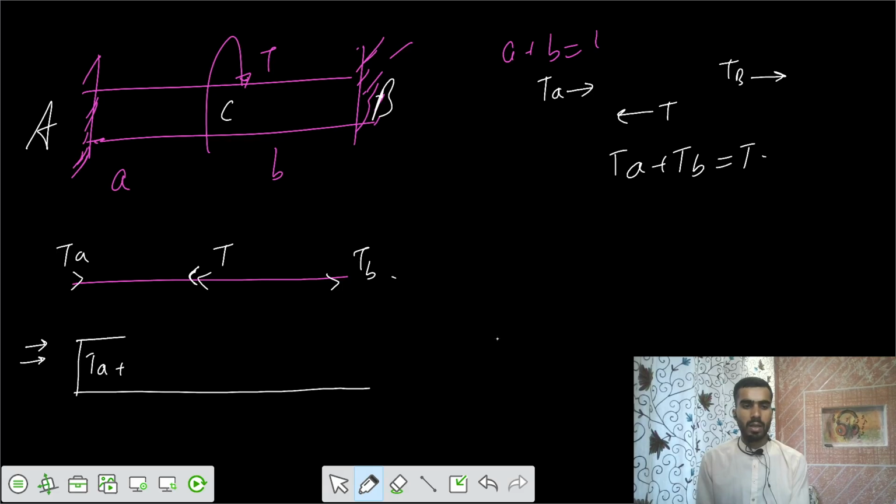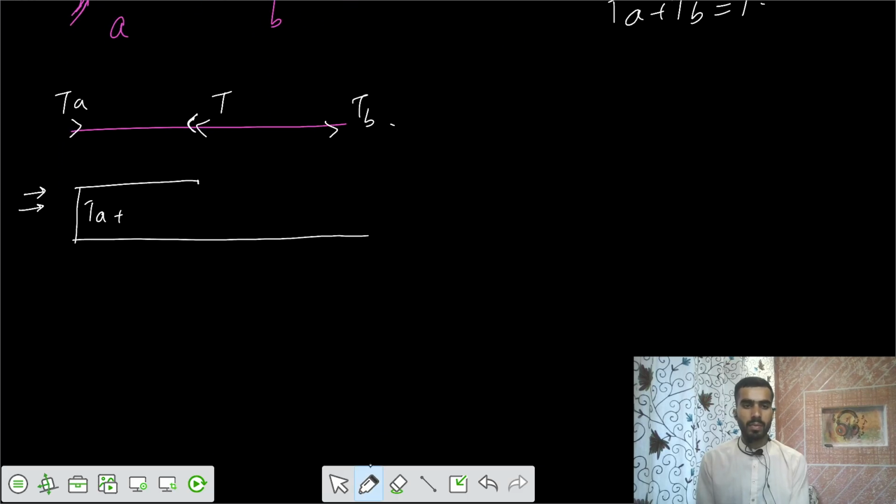After that, you decrease it, so you get a value of T minus TA here. And finally, your value stops at TB, which is also T minus TA.